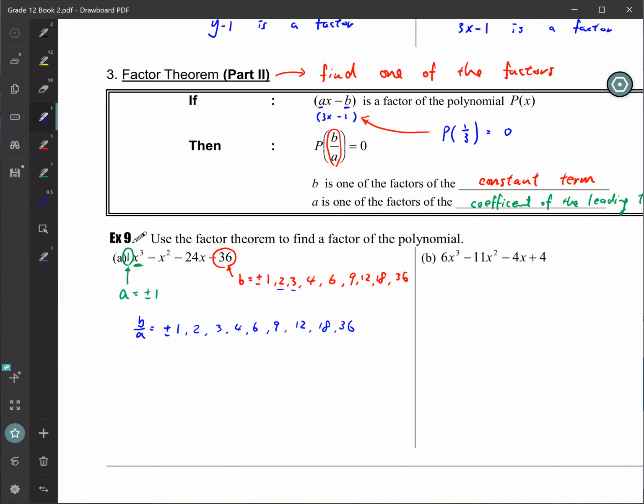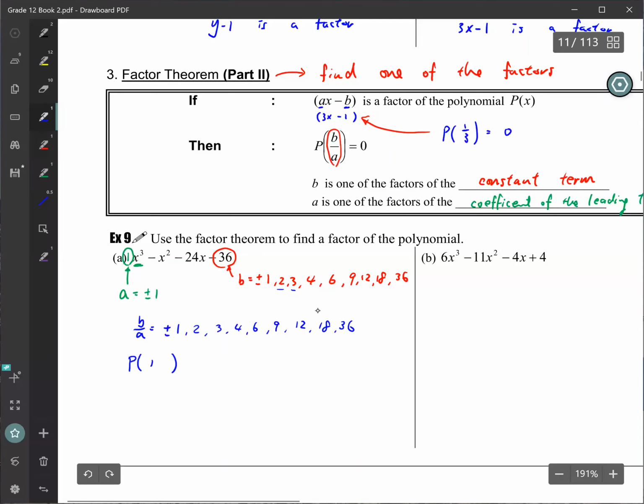So everybody take out your calculator. Let's try it out. We'll do P of, so pick from this list. It could be positive, could be negative. So let's try one. What's your favorite number? Eric, from this list, which one do you want to try? 12.